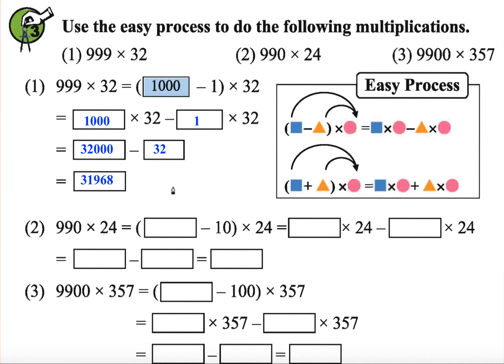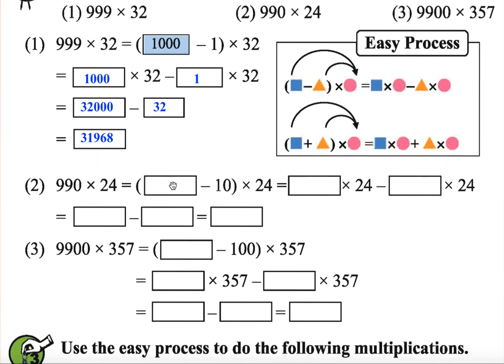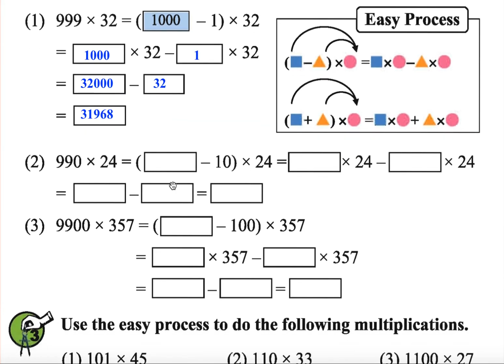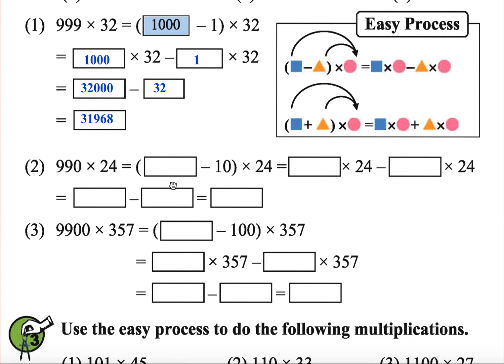That is the answer. Yes. What about second and third? Proceed in the similar way. This is 1000 minus 10 into 24. This is 1000, and this is 10. Then this will be 24,000. What about this? 240.